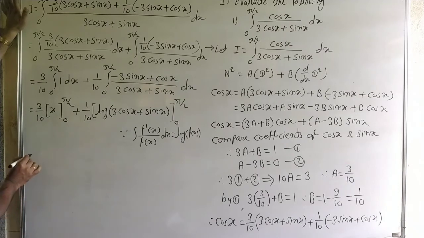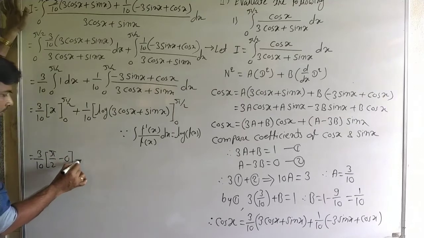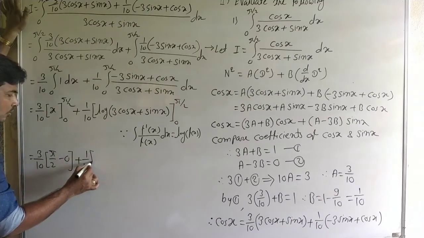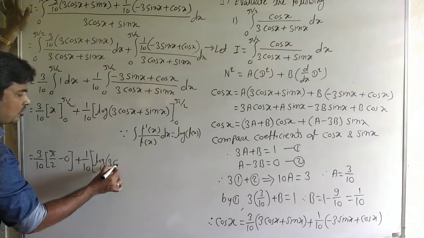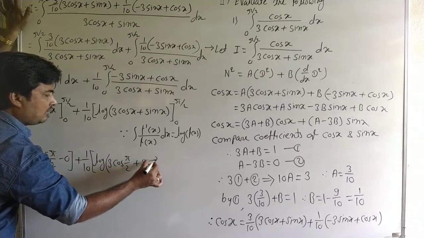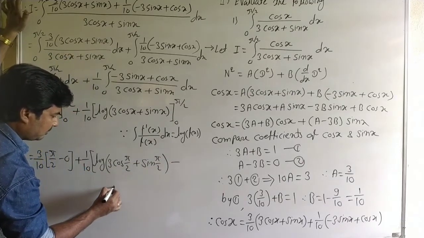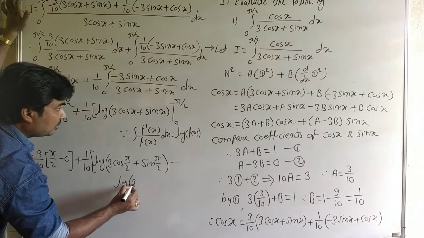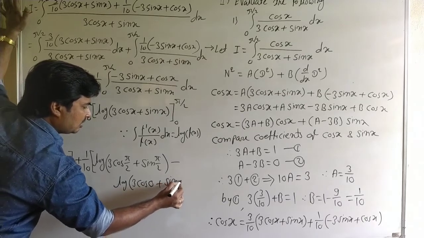Now take the upper limit minus lower limit. It is 3 by 10 into pi by 2 minus 0, upper limit minus lower limit, plus 1 by 10 into, upper limit minus lower limit, that means log of 3 cos pi by 2 plus sin pi by 2, minus log of 3 cos 0 plus sin 0.